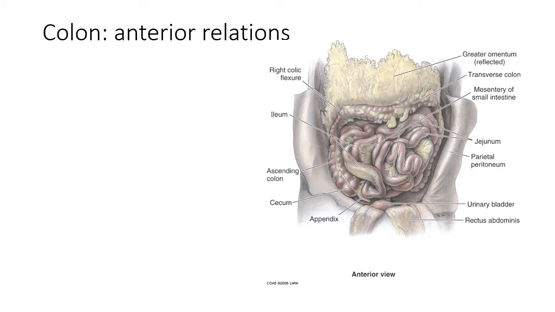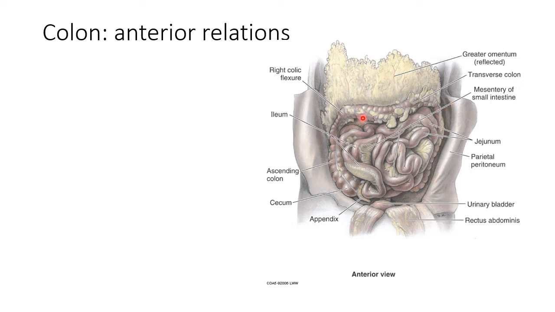Now what are the anterior relations of the colon? This is an anterior view. The greater omentum has been reflected, and now you can see what you find anterior to the cecum, ascending colon and descending colon.